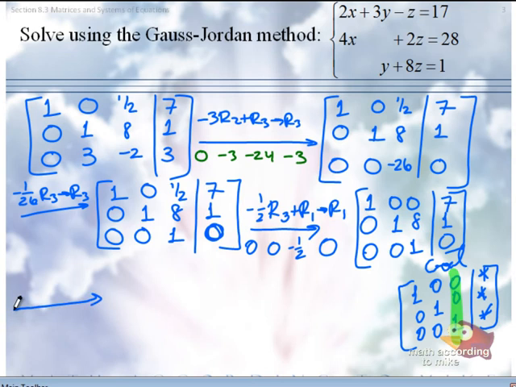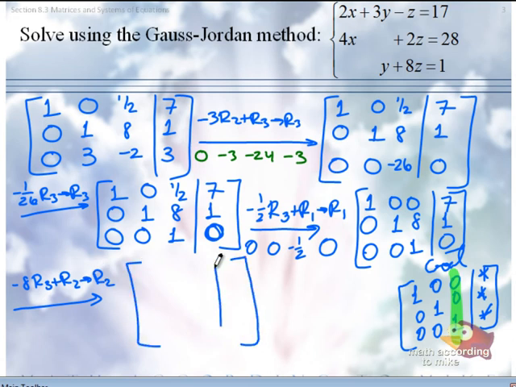And what operation gets rid of that 8? There you go. What are we going to end up for y? Yep. So our ordered triple is 7, 1, 0.